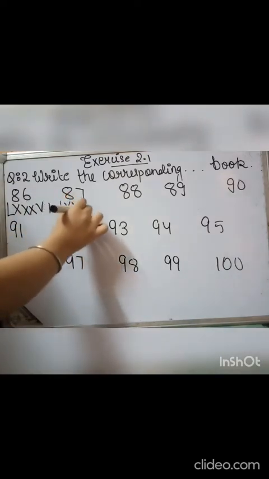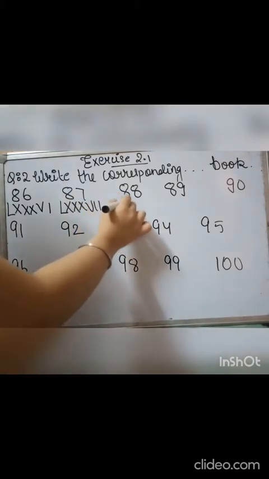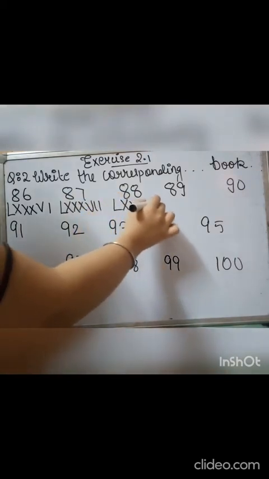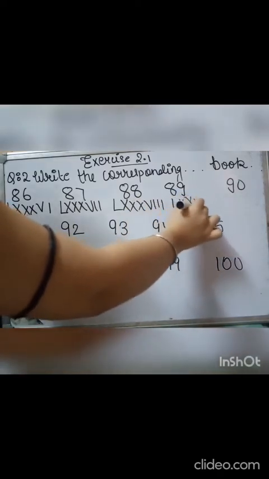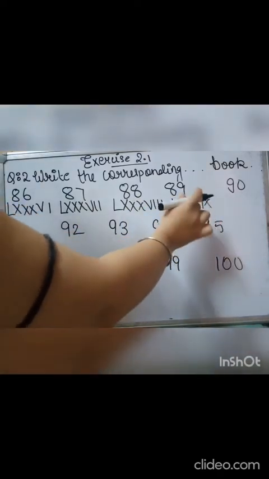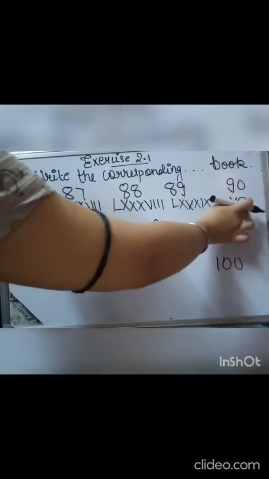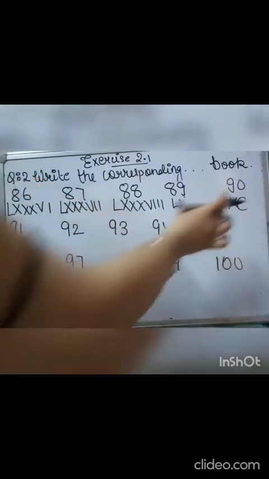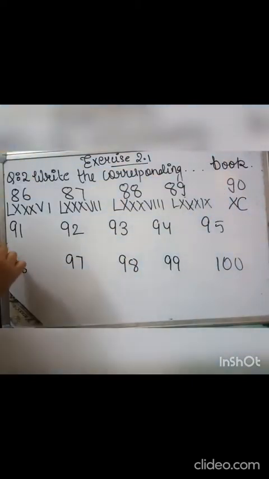Similarly 87, 88, 89, and 90. For 90 we will subtract 10 from 100, X from C. So 100 minus 10 is 90.